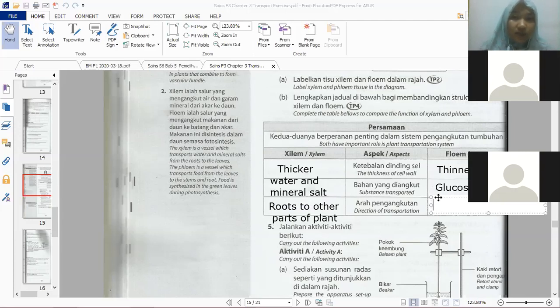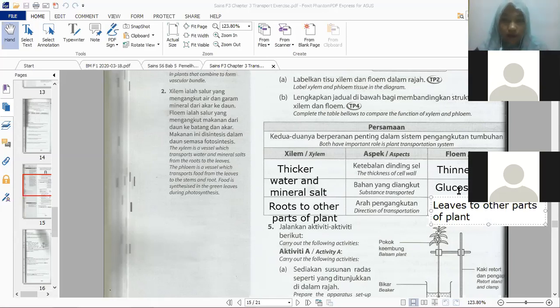Okay, the stem is just as the transport system. Okay, dia hanya untuk transport system saja. Right, so this is the leaves. Okay, so the leaves to other parts of plant.